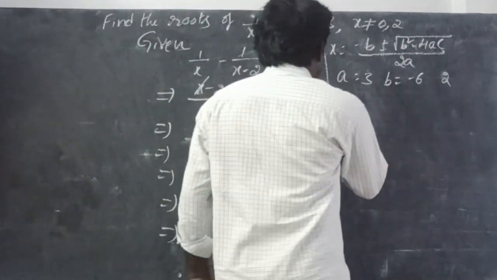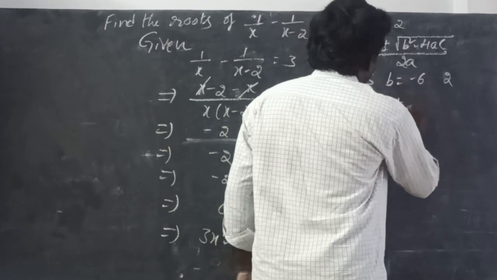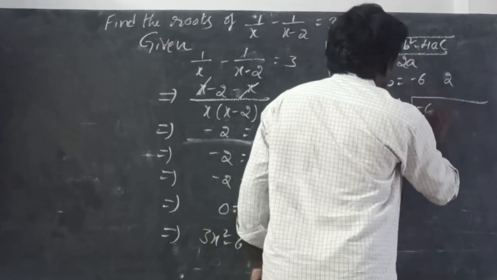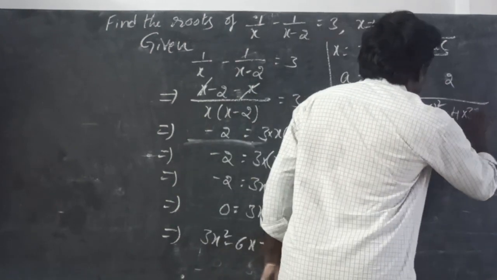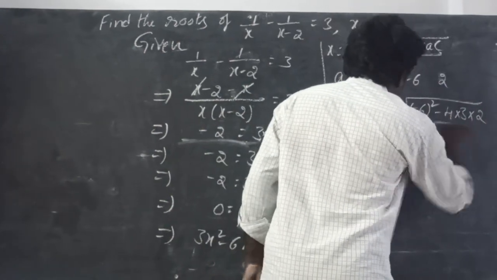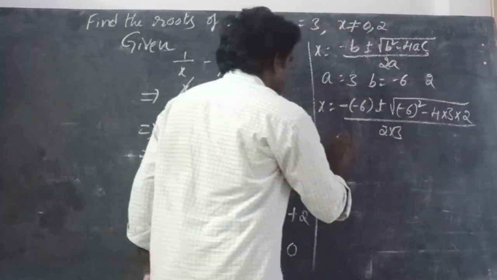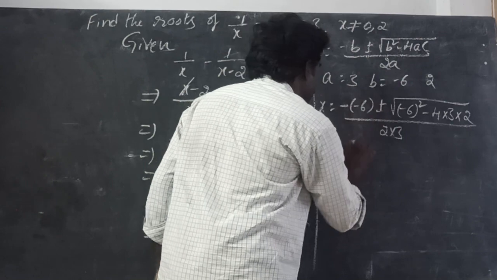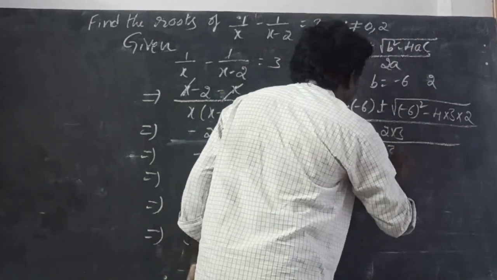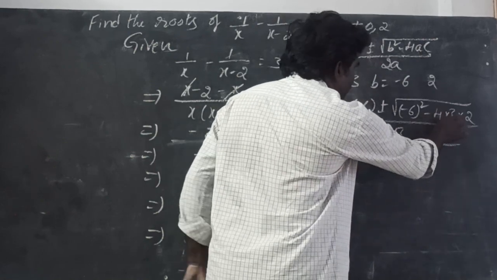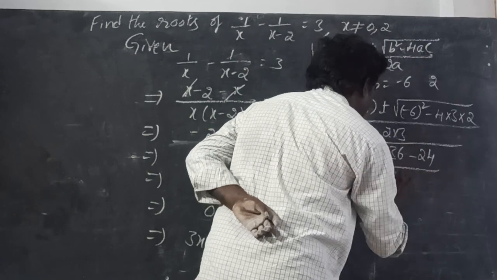Then x is equal to minus b, minus of minus 6, plus or minus square root of b square, that is minus 6 whole square, minus 4 into a 3, c 2, by 2 into 3. So minus of minus 6 is plus 6, plus or minus square root of minus 6 whole square, how much? 36. 4 times 3 is 12, 12 times 2 is 24, by 2 times 3 is 6.